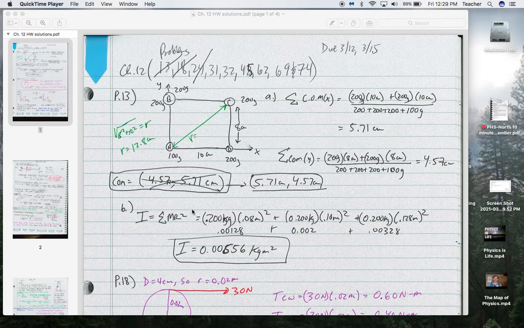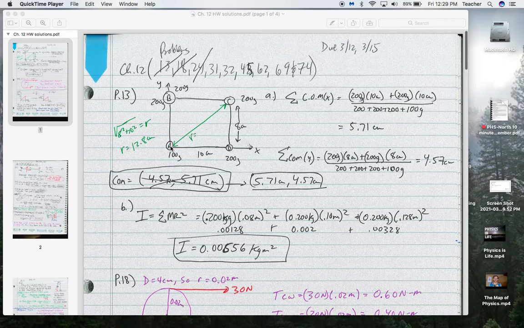In this case, to find the total moment of inertia, if we had something sticking into the page here through A, and this whole system was rotating about A, we would look at each of these individual A, B, C, and D spheres as a point source at a certain distance away from this, and we would add the sum of those moments of inertia. So B was 0.2 kilograms at 8 centimeters away.